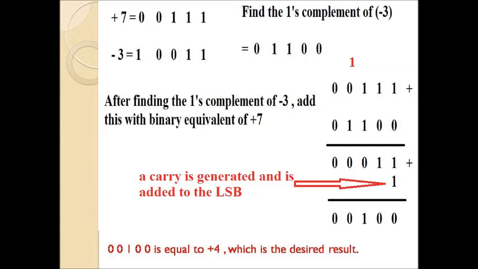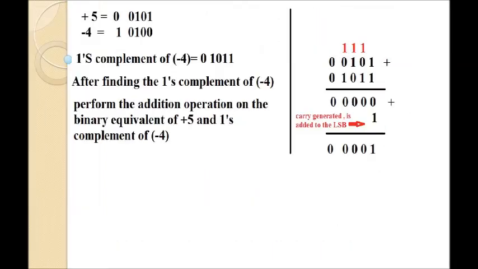Please note that whenever there is a carry, you have to add that carry to the least significant bit. Here you can see an example. We have two numbers, plus 5 and minus 4. The binary equivalent of plus 5 is written there, and the binary equivalent of minus 4 we can also see.